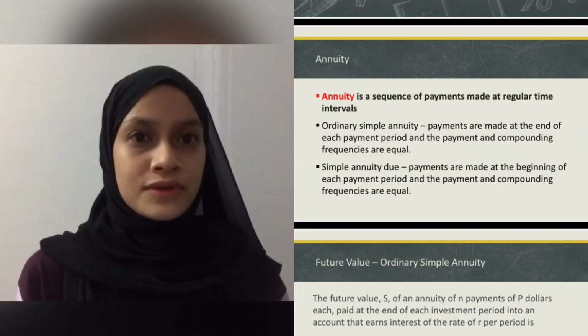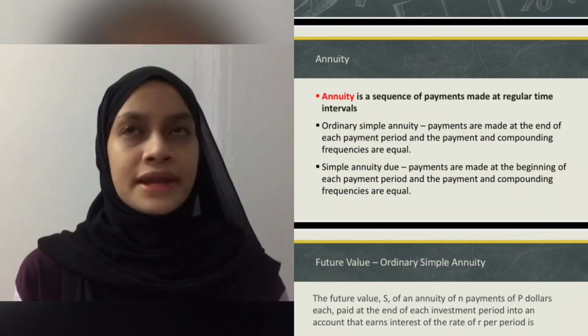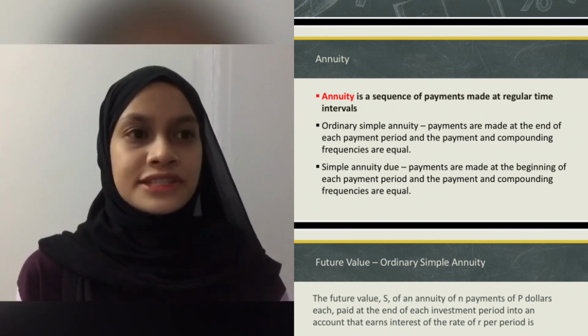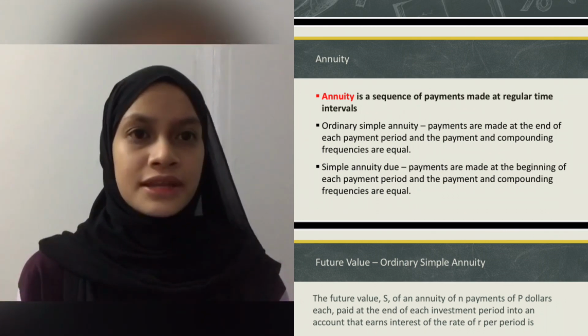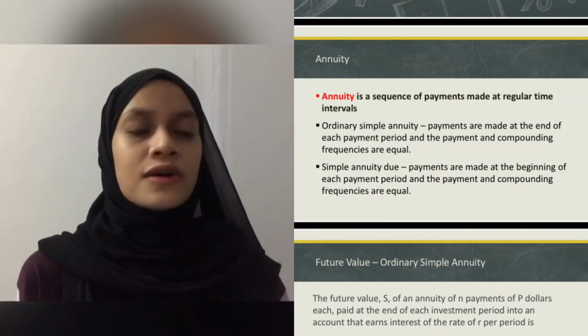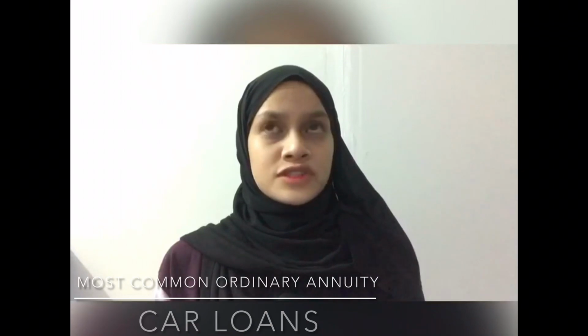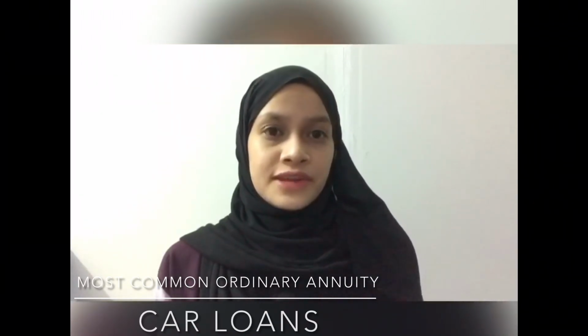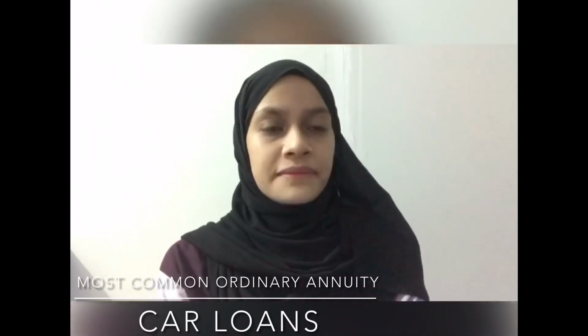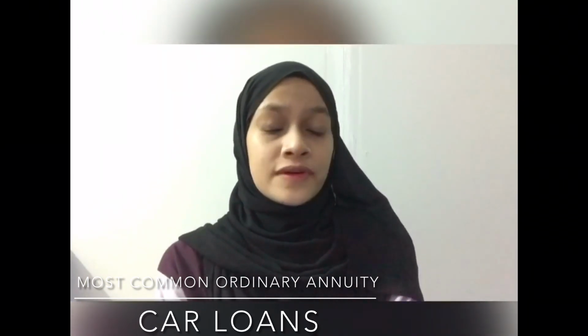And next, simple annuity due. Simple annuity due is a payment made at the beginning of each payment period, and the payment and compounding frequencies are also equal. For example, most car loans are ordinary simple annuities where payments are made monthly and interest rates are compounded monthly.